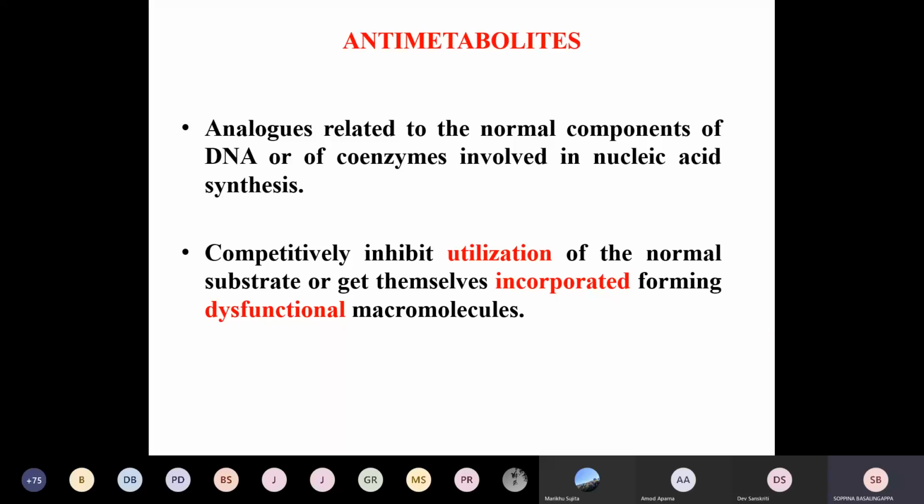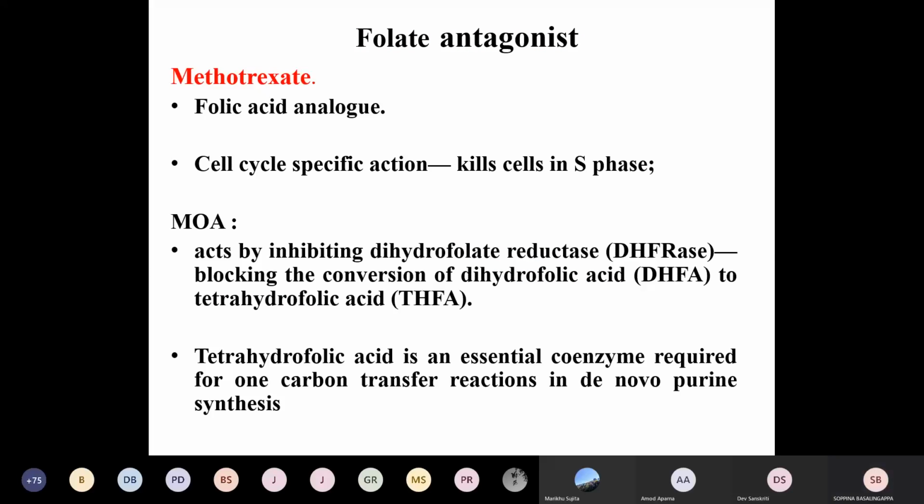What will happen? Since they appear similar, they competitively inhibit the utilization of the normal substrate. Instead of the cell using the normal substrate, these drugs get incorporated into the DNA and form dysfunctional macromolecules. The cell so formed is dysfunctional. That means it cannot survive. It will automatically die.